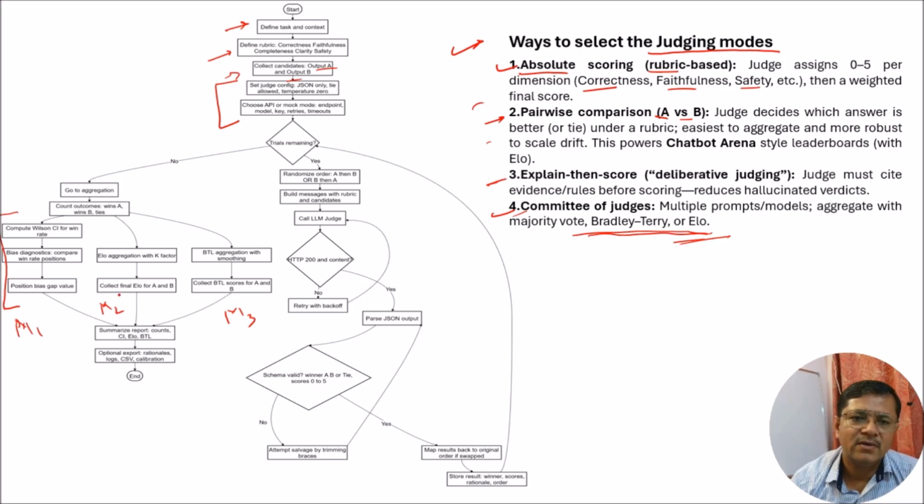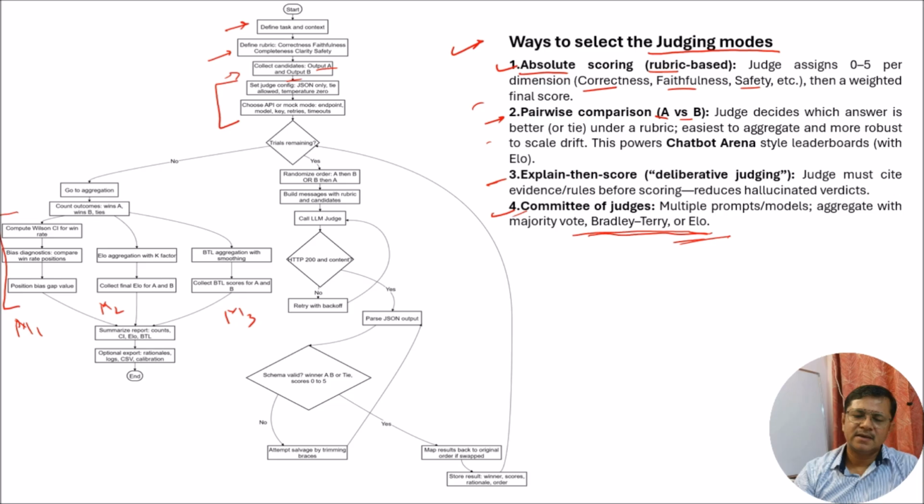So here we calculate the final Elo for A and B both, because we have to select from both, and then we provide the data here. Last is BTL aggregation, which is the final aggregation.